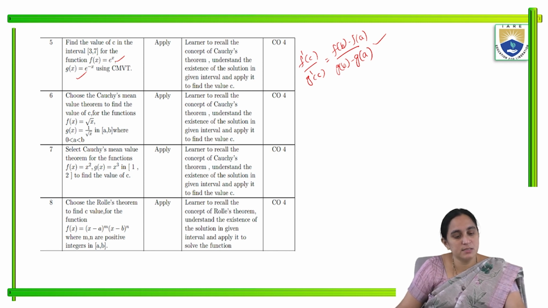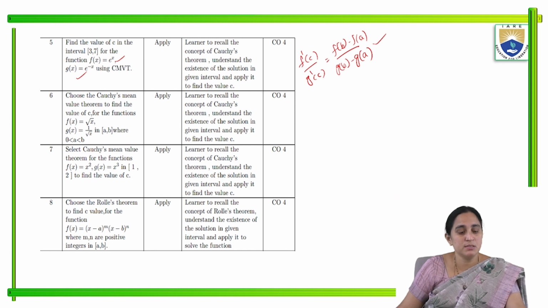And similarly, the sixth one is also Cauchy's mean value theorem, but here the functions are f of x is equal to root x and g of x is equal to 1 by root x, same as the fifth question. And next, the seventh one, use Cauchy's mean value theorem for the functions f of x is equal to x square and g of x is equal to x cube in the closed interval 1 comma 2 to find the value of c.